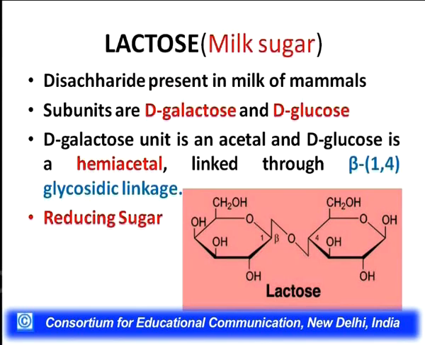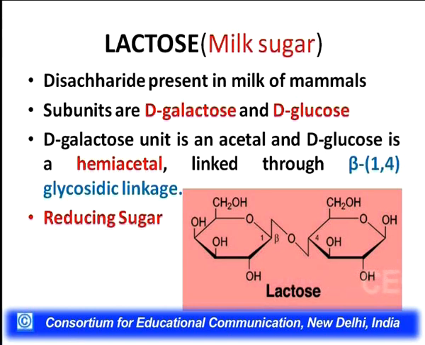So now if we talk of another very important disaccharide, then we talk of lactose. And lactose is known as milk sugar because it is present in the milk of mammals. What we know is that lactose is made up of D-galactose and D-glucose.